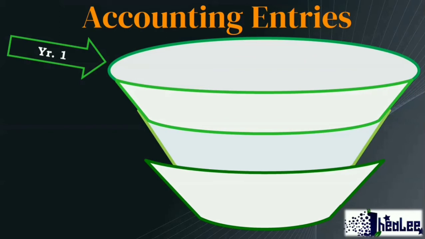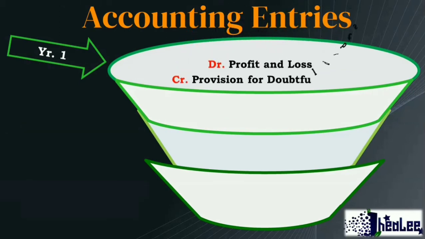In doing that, this value that you generated will be shown as an expense because when you create a provision for doubtful debts, that is an expense to the business, right? So you would debit your profit and loss account and credit your provision for doubtful debts account.